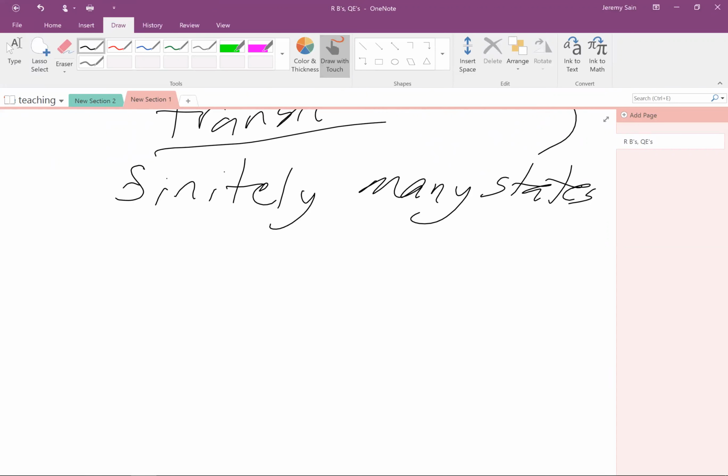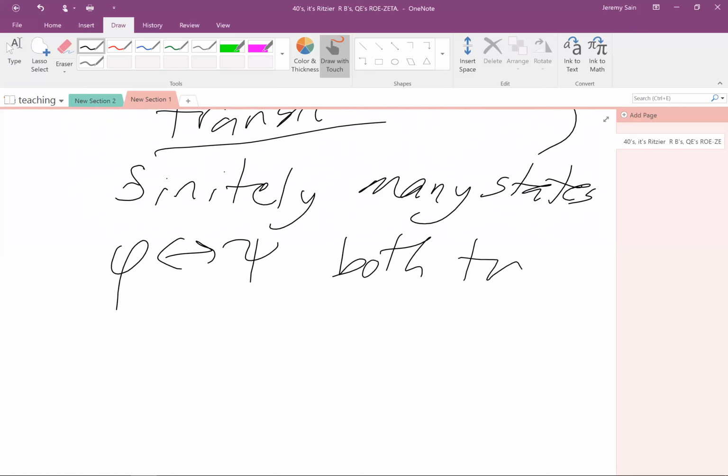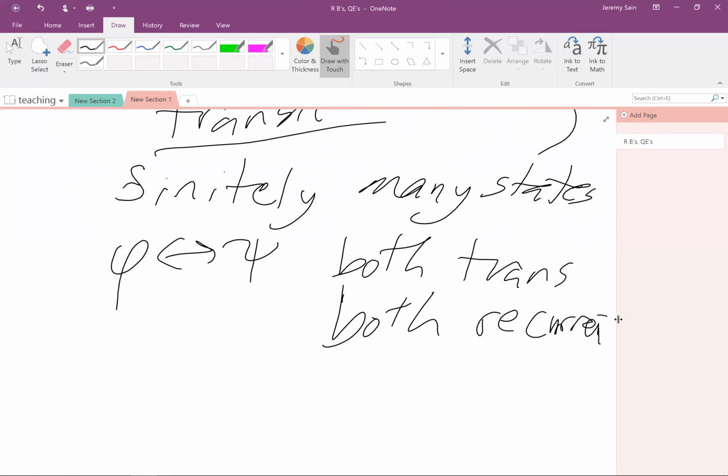The other thing that's pretty clear is if you have two states that communicate, or that lead to each other, then they're either both transient or they're both recurrent. Again, that's not very hard to prove either, but it's intuitively obvious.